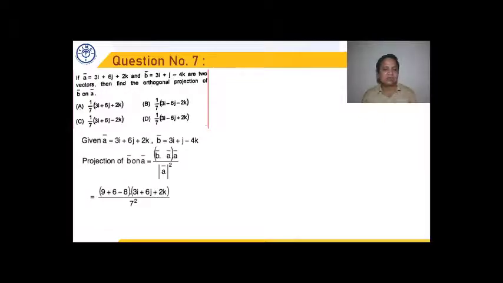That is a scalar quantity, multiplied by A vector which is 3i plus 6j plus 2k, and modulus of A is square root of 3 square is 9, 6 square is 36, 2 square is 4. 36 plus 4 is 40, plus 9 is 49, but since we are taking modulus square, the square root goes out, so 49 remains in the denominator.